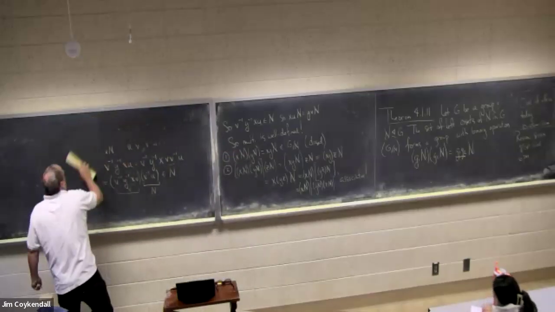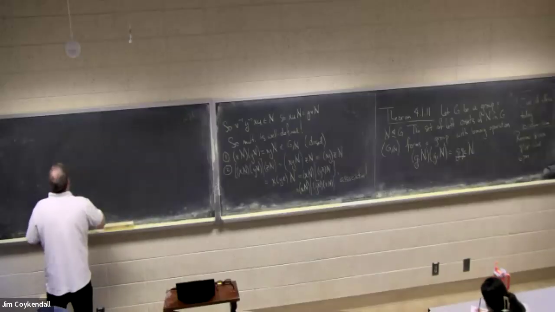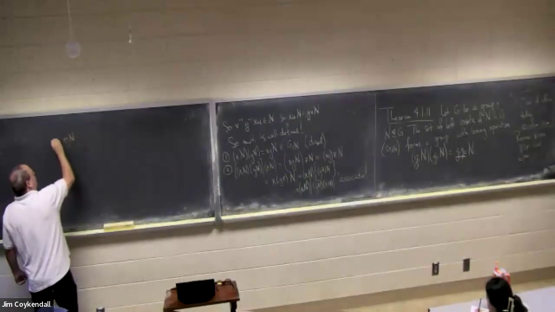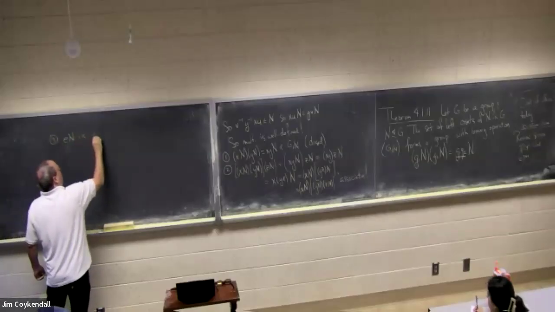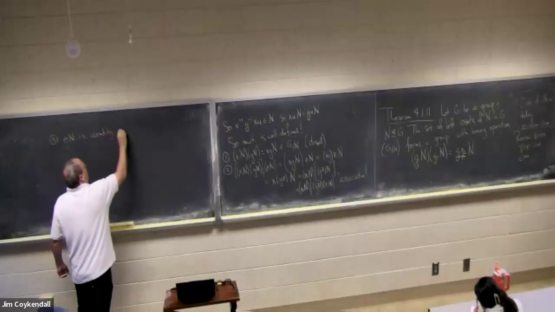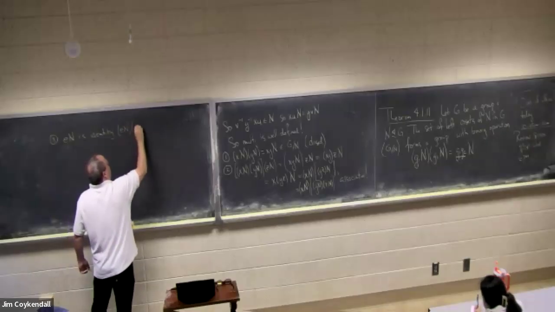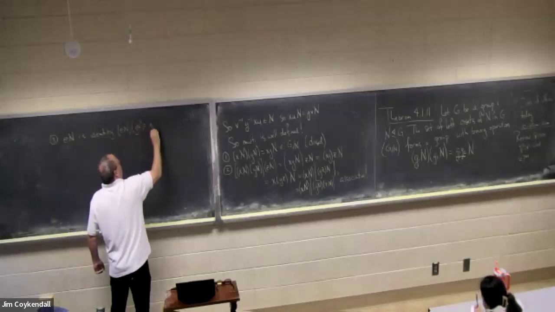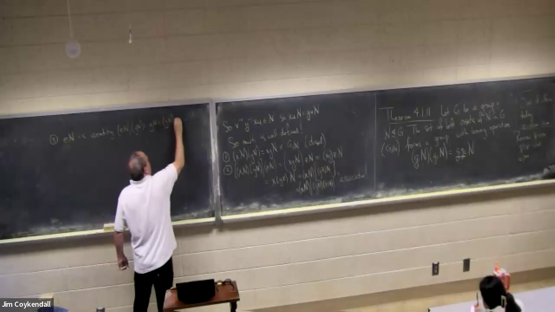The identity we've already pointed out, because eN times gN is gN, which is gN times eN.